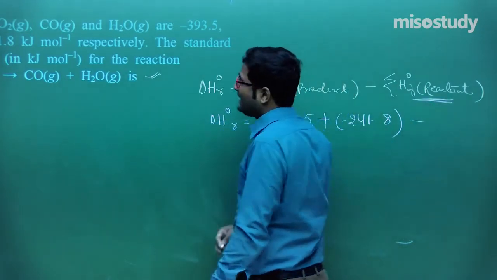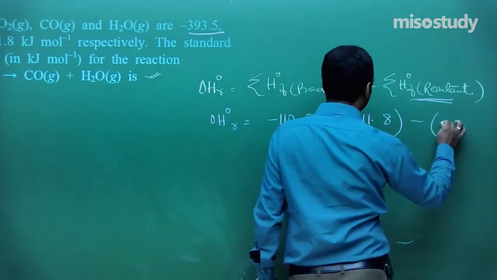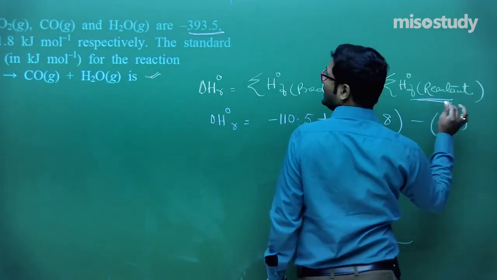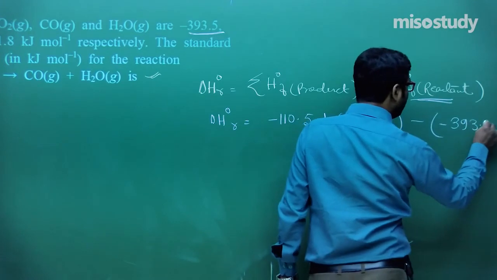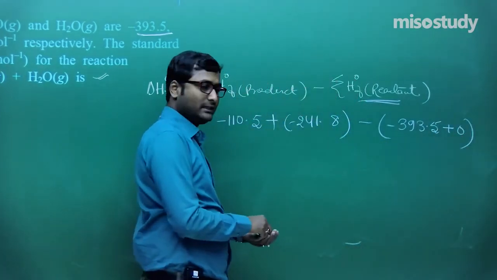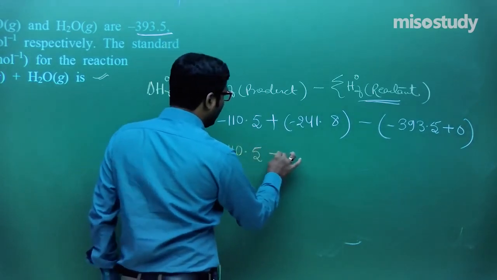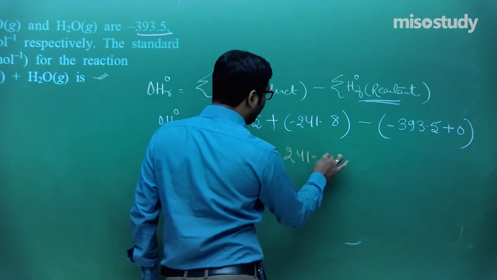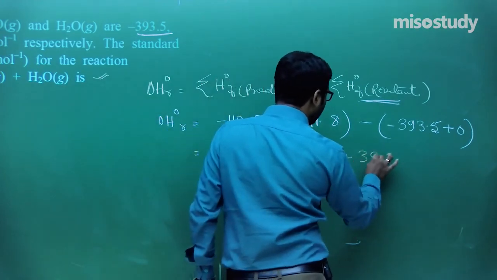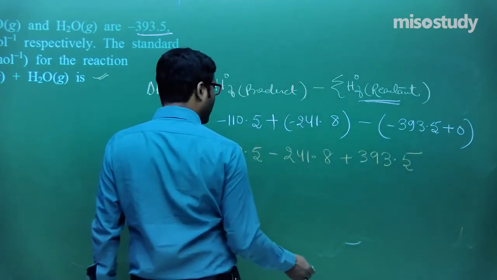The reactant is CO2, whose value is minus 393.5, and for O2 the value is 0. Clear? Now delta H of reaction is equal to minus 110.5 minus 241.8 plus 393.5. Clear to you?